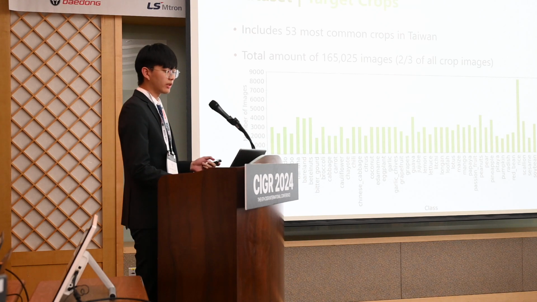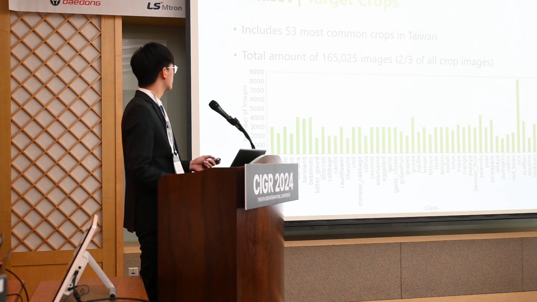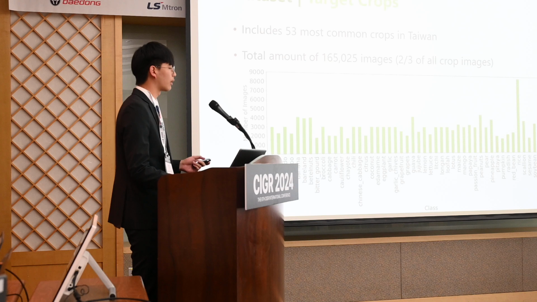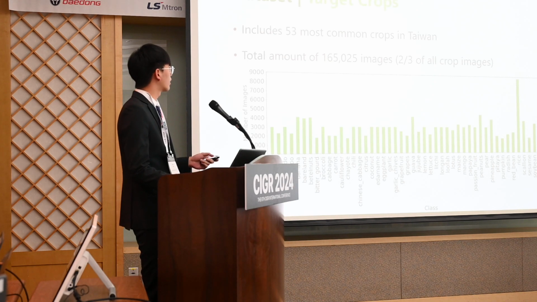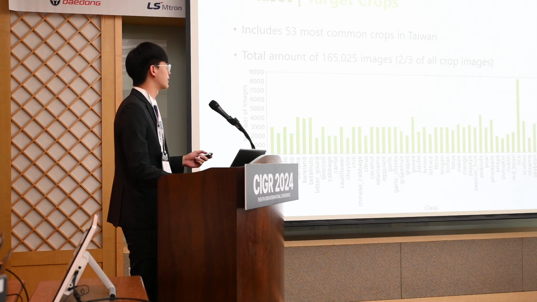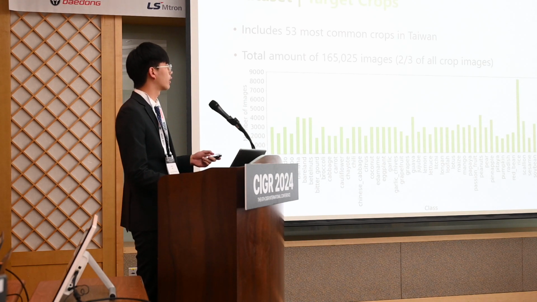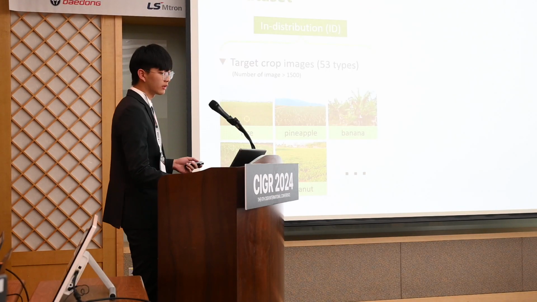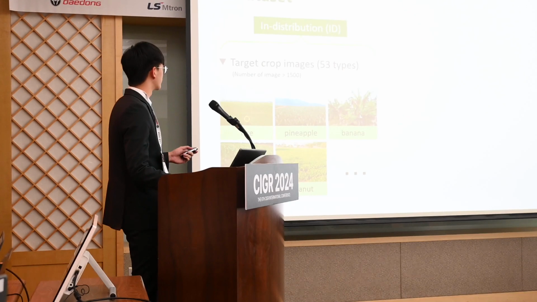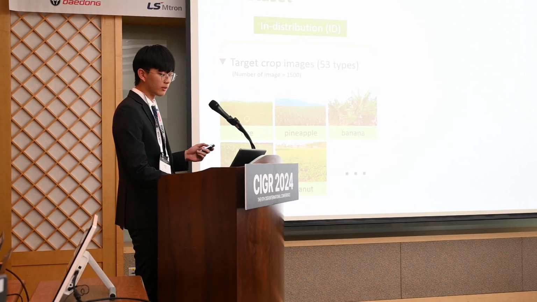And the target crops in the dataset in this research include the 53 most common crops in Taiwan, and have a total amount of over 165 images, which accounts for 2/3 of all crop images. The target crop images were defined as in-distribution images, or ID images.